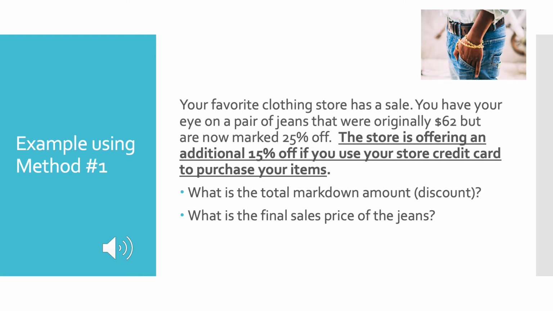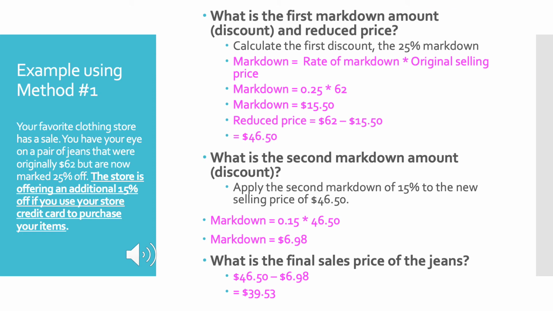One thing to keep in mind, we are not going to add the 25% and the 15% to give us 40% off. I'll show you how we're going to calculate our markdown. So what we're going to do is calculate our first markdown and then get our reduced price, take that, and calculate our second markdown. So the first discount is 25% or 0.25.